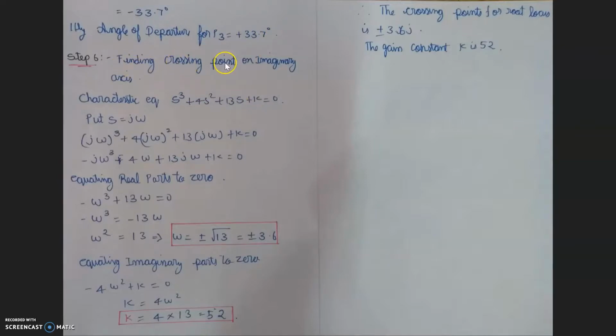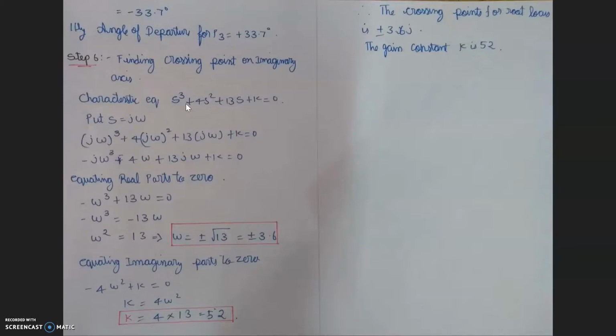So finally we have to calculate the crossing point on the imaginary axis. How do we calculate this? First we take the characteristic equation to calculate its roots. We can either do it by Routh array criterion, or the trial and error method, that is the long division method, or we can also use s equal to j omega and calculate the values.